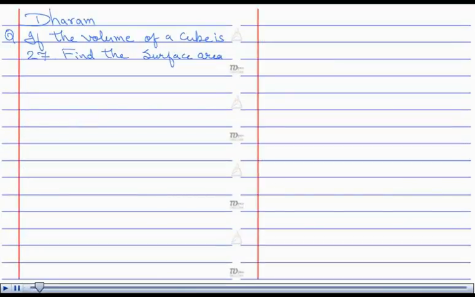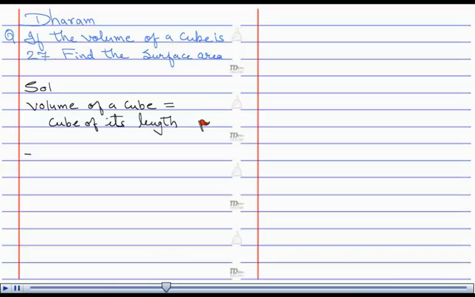Hello, I am Dharam. The question is, if the volume of a cube is 27, find the surface area. Solution. Since we know that the volume of a cube is equal to the cube of its length, therefore we can say that L cube is 27.